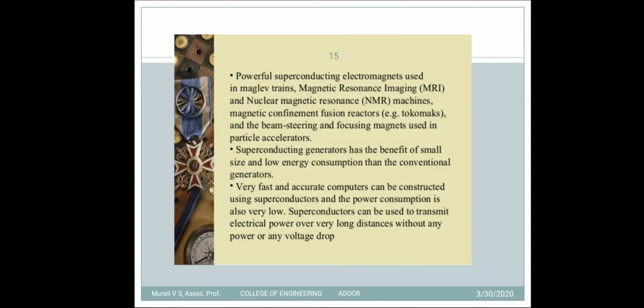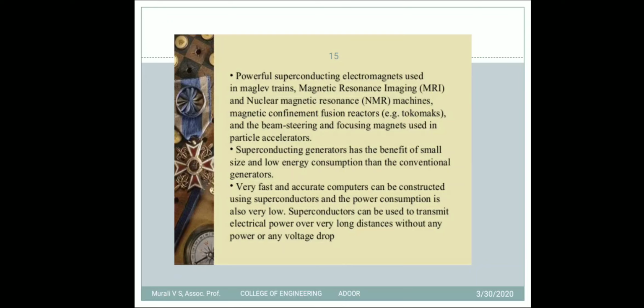Now, other applications involve making powerful electromagnets using superconducting materials. In magnetic resonance imaging, the MRI scan, we use superconducting magnets to produce a high magnetic field as high as 13 Tesla. Nuclear magnetic resonance machines use superconducting magnets.